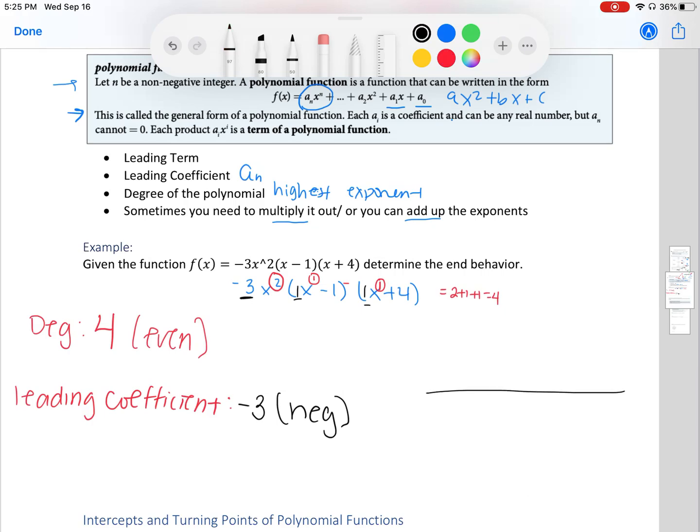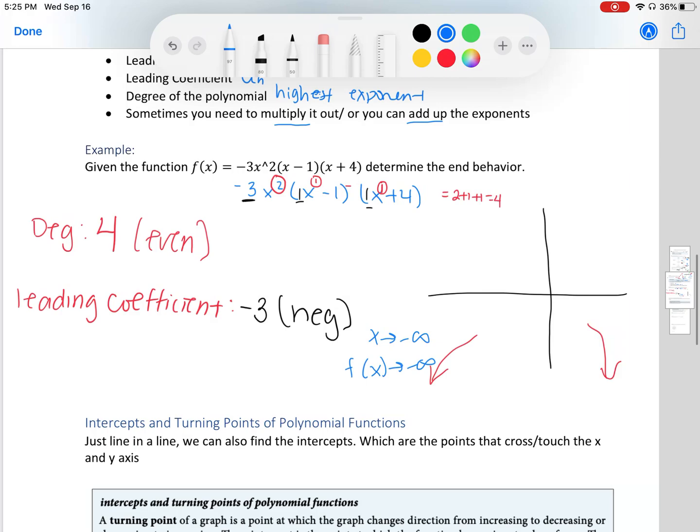So I don't know how to graph this, but I know that my leftmost and my rightmost are going to be pointing down. So we say, as x is approaching negative infinity, my function is approaching negative infinity. And as x is approaching positive infinity, the right side, it's pointing down, so your function is approaching negative infinity.